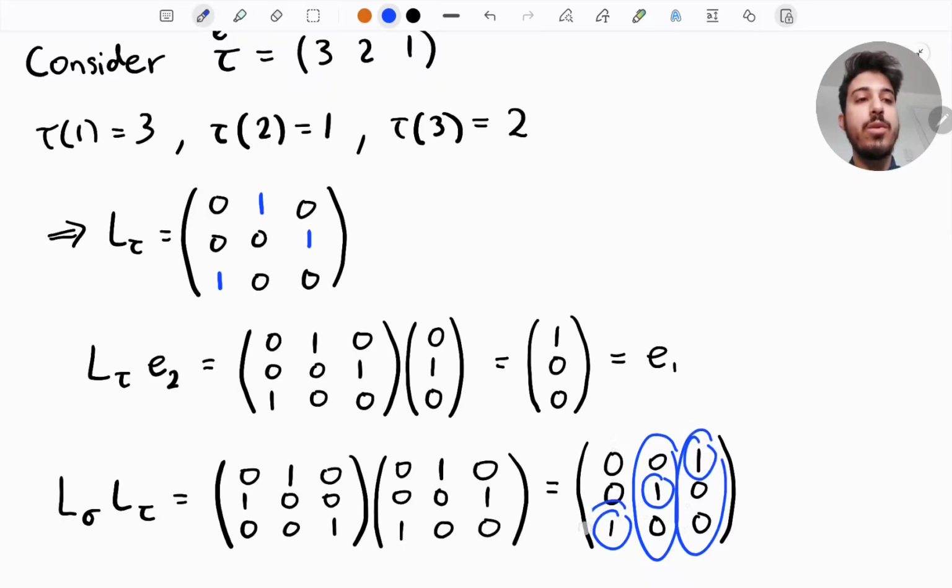So 1 is being sent to 3, 2 is being sent to 2, and 3 is being sent to 1. So in fact, this is equal to exactly L of (1 3), which is L of sigma composed with tau, thus confirming our intuition that the permutation matrix is a complete representation of the permutation.